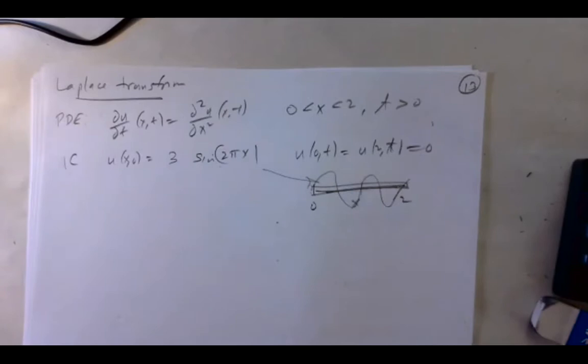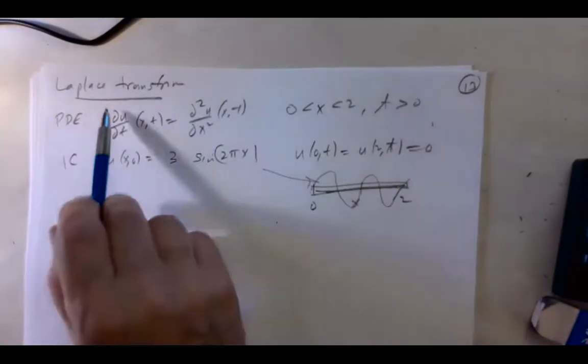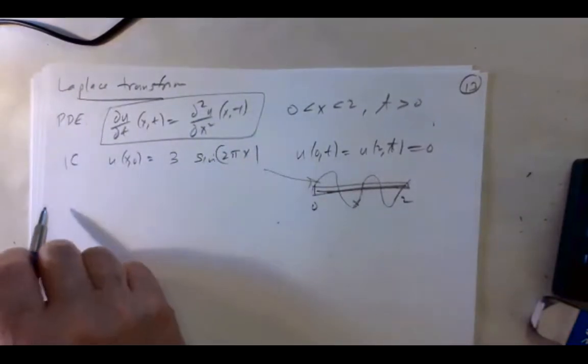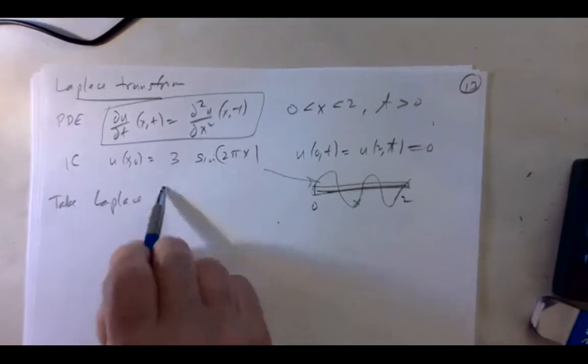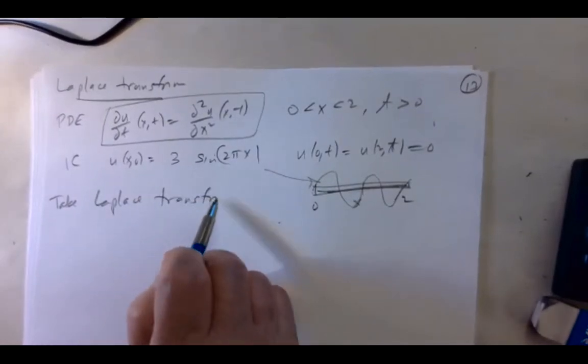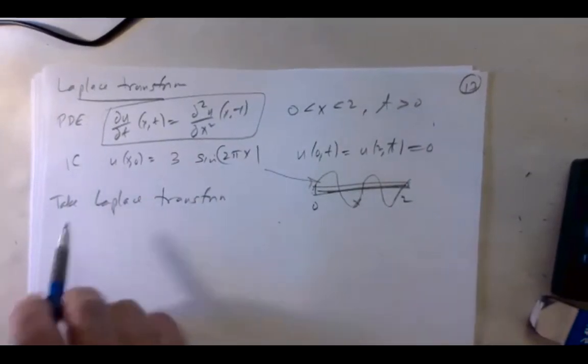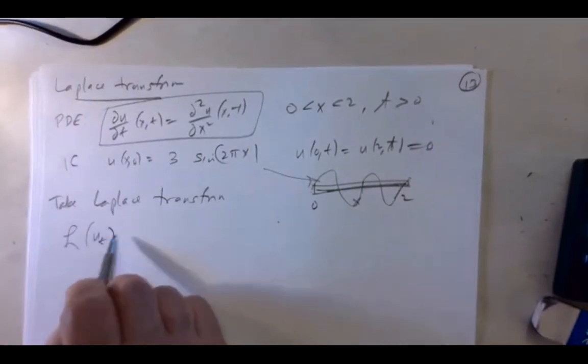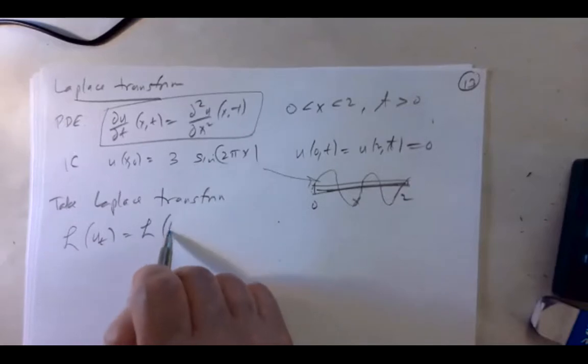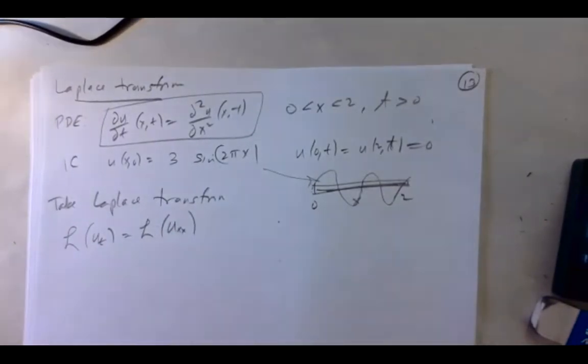And so for this differential equation, let's take the Laplace transform. So we have L of u sub t equals L of u xx.